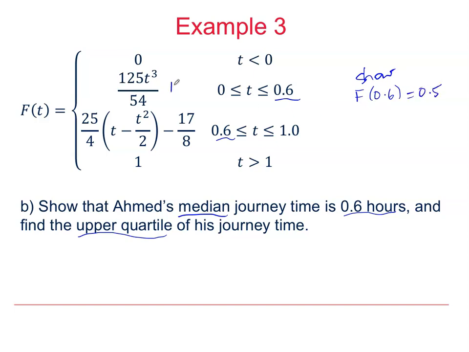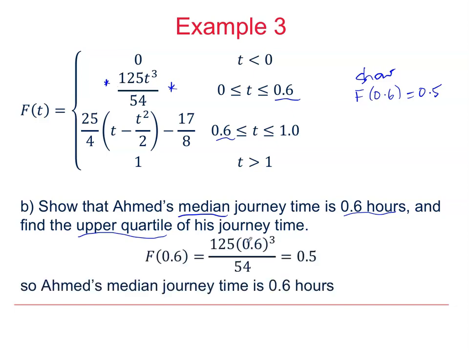The obvious thing to do is to choose the simpler of the 2 functions. So we put 0.6 into our function, and we derive the value of 0.5 for the probability. That does show that Ahmed's median journey time is 0.6 hours, which is where we move from one function in the CDF to the next function.